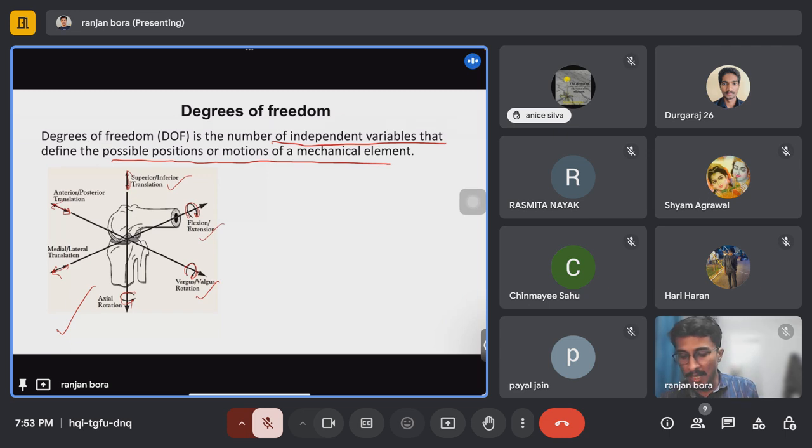It can have translation along this axis, and about this axis it can have rotation also. We have seen two. Similarly, along and about the next axis it can have translation and rotation, so two more, and two more about the third axis. So it has a total of six independent movements, which means 6 degrees of freedom. Degrees of freedom is the number of independent movements a joint can have.